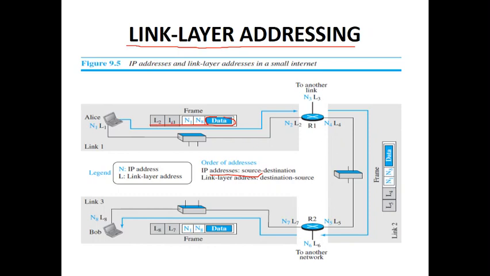And here L1 and L2 are the link layer addresses. L1 is the link layer address of Alice's system, and L2 is the link layer address of one of the connections of router 1.